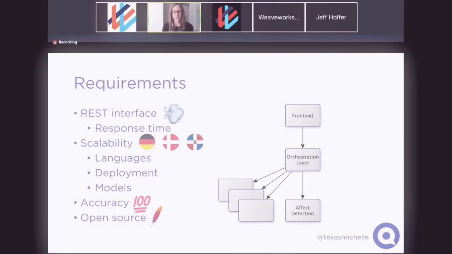It's got to be useful, and part of the reason I joined Qordoba is because there's such a focus on open source, and so it was important that we were able to use open source components and also take parts of the things that we're building and open source those as well. So we ended up choosing Prediction.io as a framework for a lot of the machine learning components.